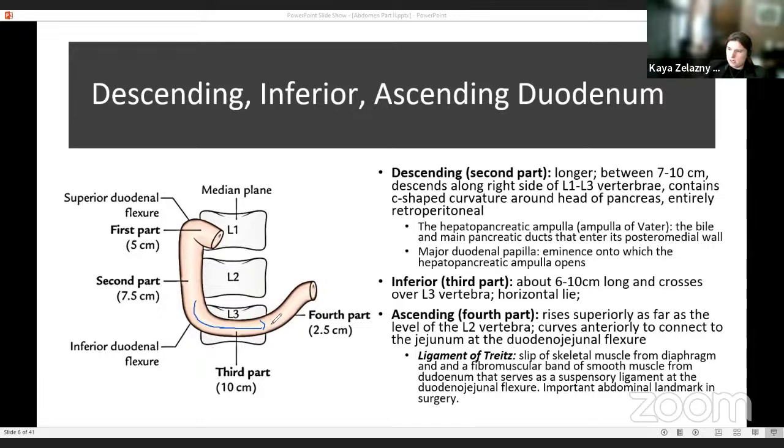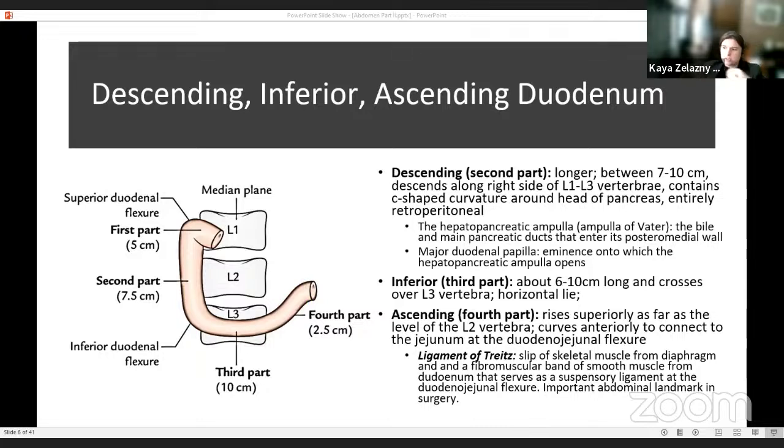Okay. But what we are going to notice about the fourth part, as we are ascending and sending ourselves over and into the jejunum, we're going to have an interesting structure called the ligament of Treitz. So this is a slip of skeletal muscle actually coming from the diaphragm that we kind of hook around. Okay. So you have a slip of skeletal muscle.